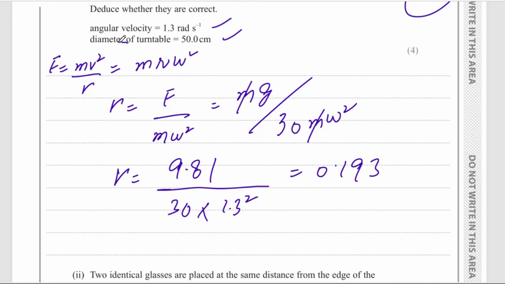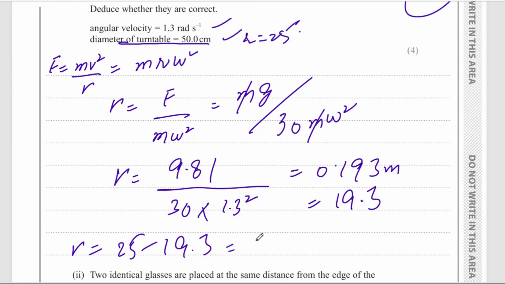But as been given that the diameter of the turntable is 50 centimeters, the radius has to be 25. Got it? If this is in meters and you want it in centimeters, that would be 19.3. So the radius left out, 25 minus 19.3, comes out to 5.7, which is greater than 5. So what does that mean?